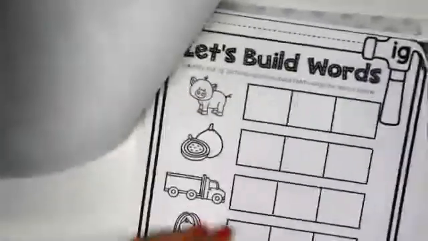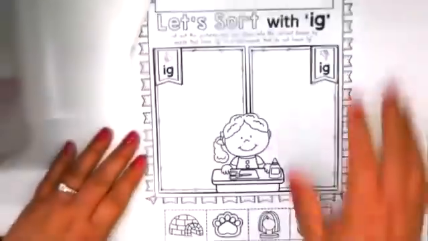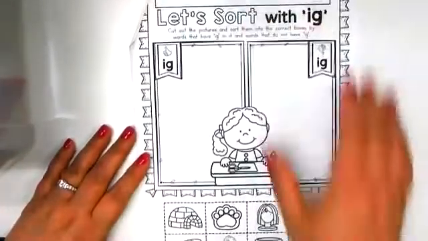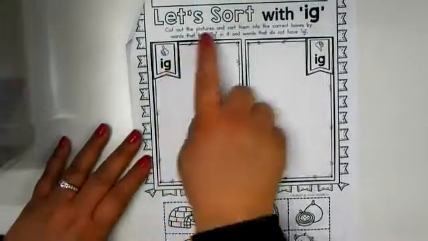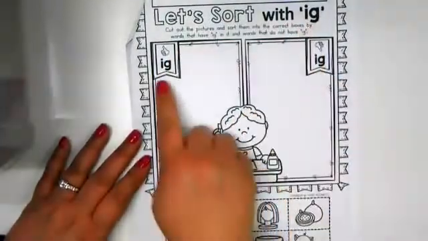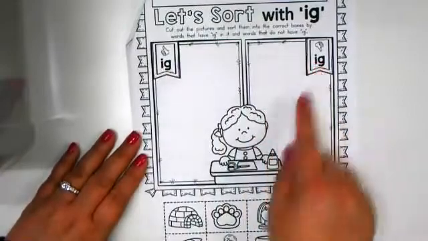All right, so we're going to skip the next page and go to the third page, page number 3. That looks like this. It's the sorting page. So it's got "Let's sort with ig" as the title at the top, and then it has a box with a thumbs up if it has the ig sound, and a thumbs down if it does not.